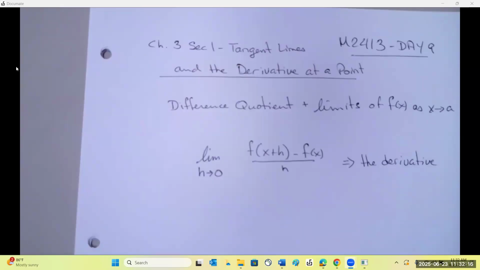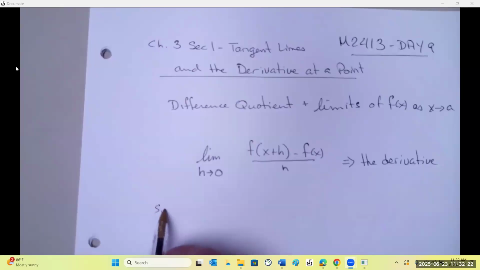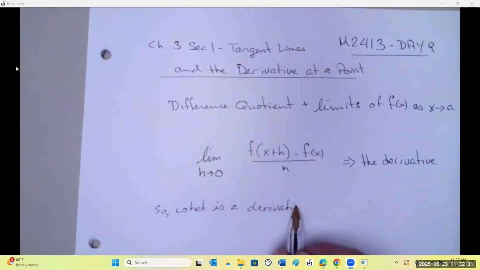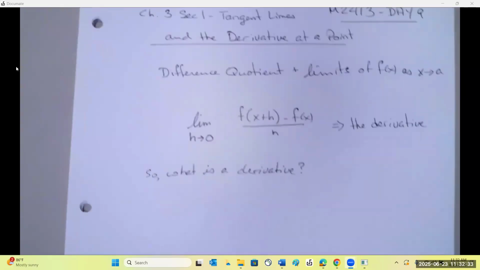So, looking at all this stuff, what exactly do you think a derivative really is? So what is a derivative?